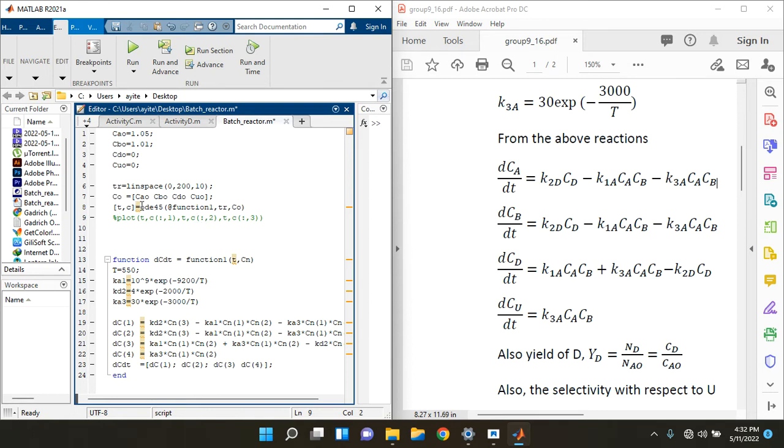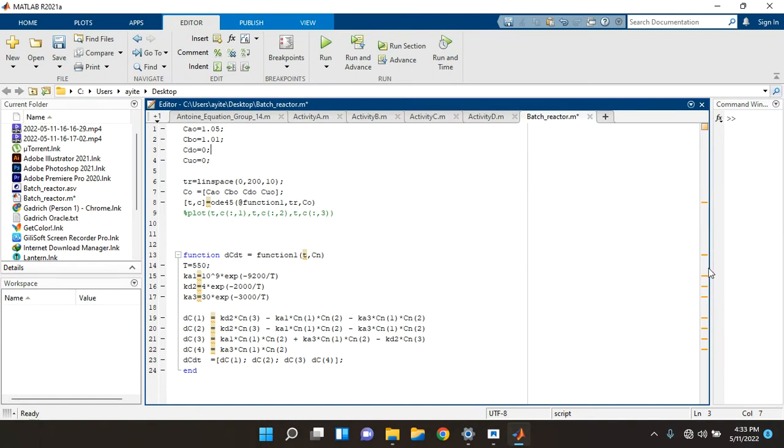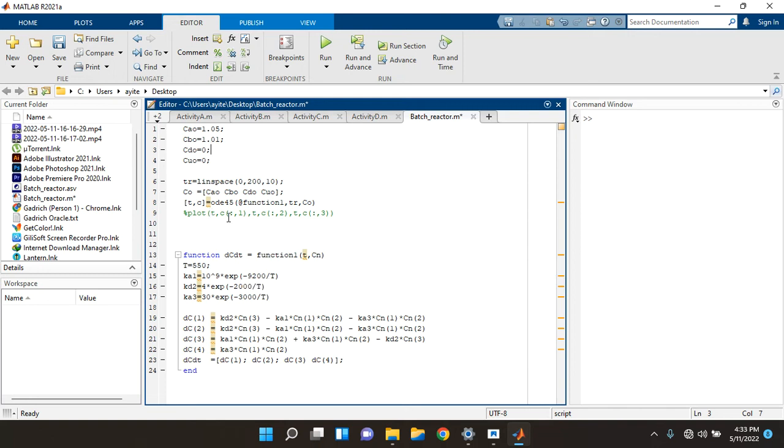So this is our ODE function, initial conditions, our time, and then the initial conditions defined here. So I'm going to run the script and see the results. I'll terminate some of them so that it doesn't show. I just want to show the final results.